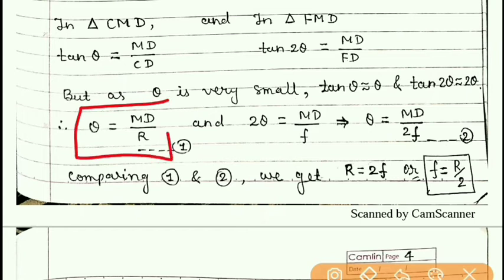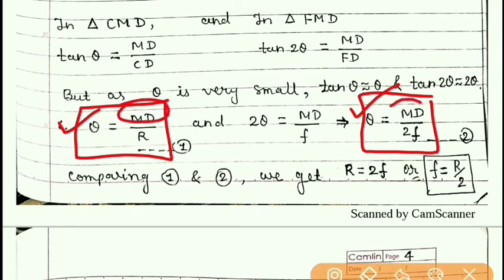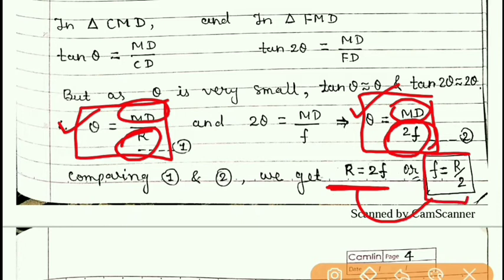In both these equations, theta here also, MD here also, MD here also. So definitely this r in the denominator should be equal to 2f here in the denominator. So r is equal to 2f, or we can write f is equal to r by 2. Hence we have derived this formula that focal length is half of the radius of curvature.